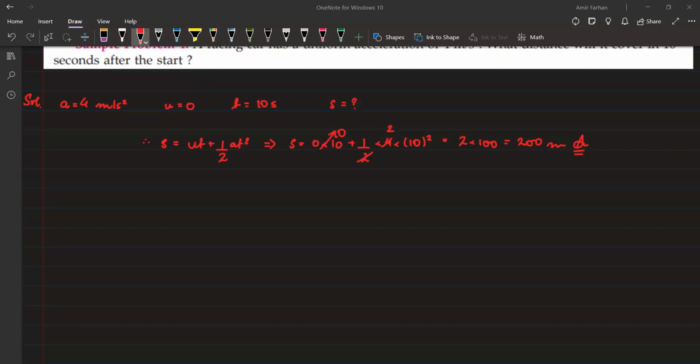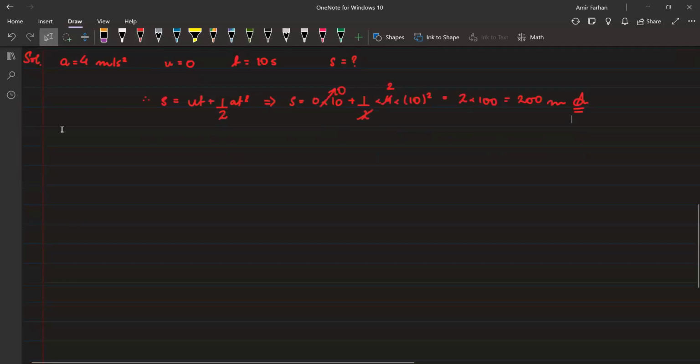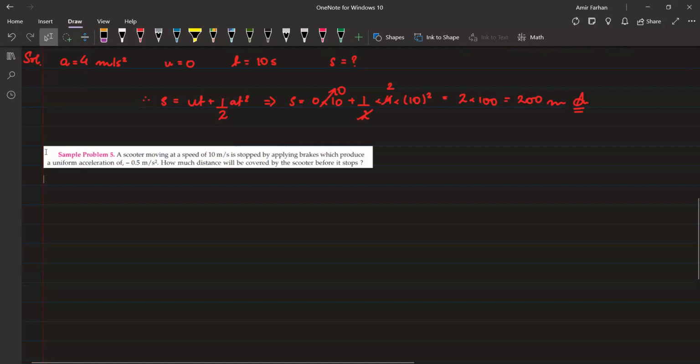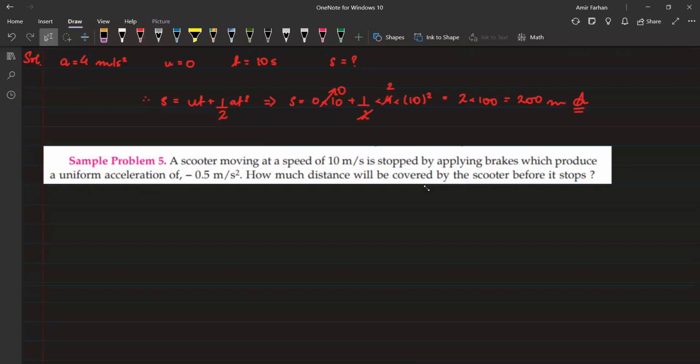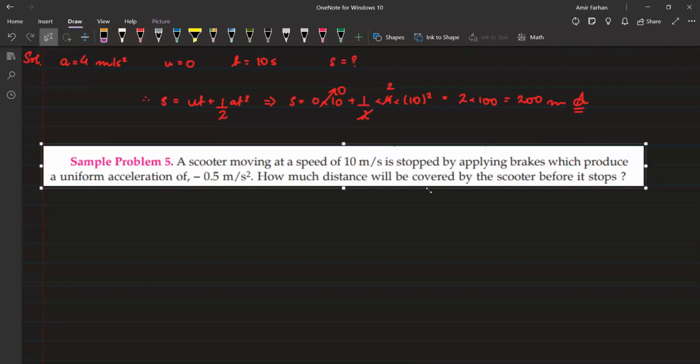In some questions it will be given whether the acceleration is negative or not, but in some questions the word retardation or deacceleration is used. So you have to understand this thing. Do this one and let me know the answer in the chat, everyone. Is everybody getting my point? Is this completely clear to all of you, this topic so far? Yes, sir. Okay, everyone, please solve this one.